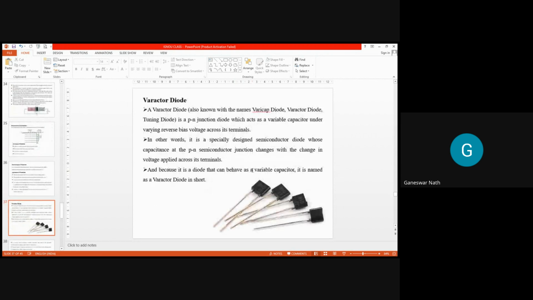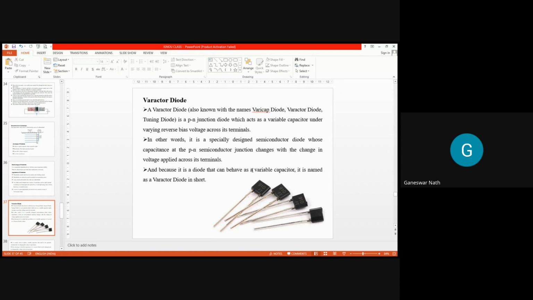Okay, now we have discussed the power diode, LED, laser, solar, and photo diodes. The other is the varactor diode, through which you can get a variable capacitor. You can see these are the varicap, meaning variable capacitor diodes.